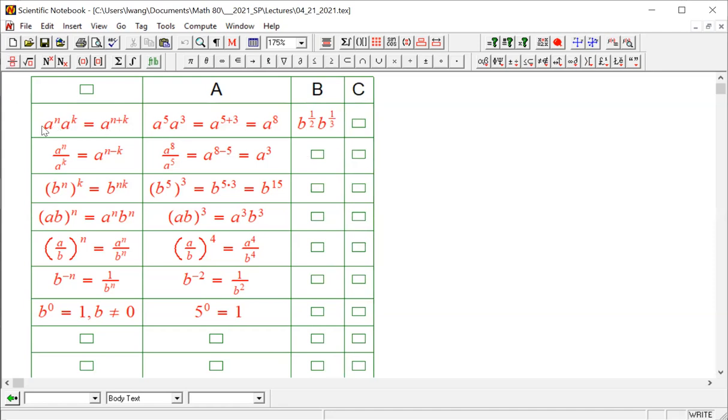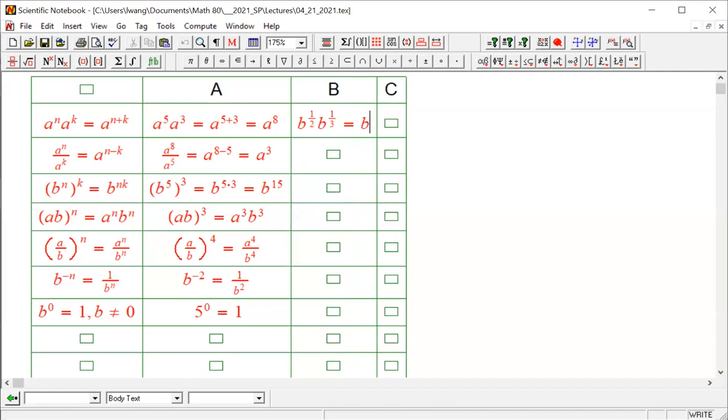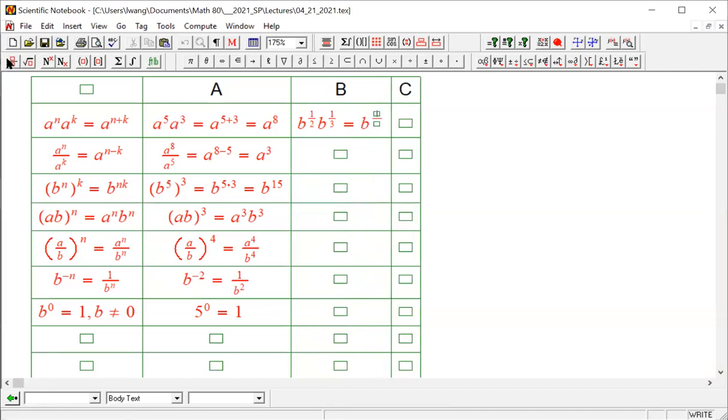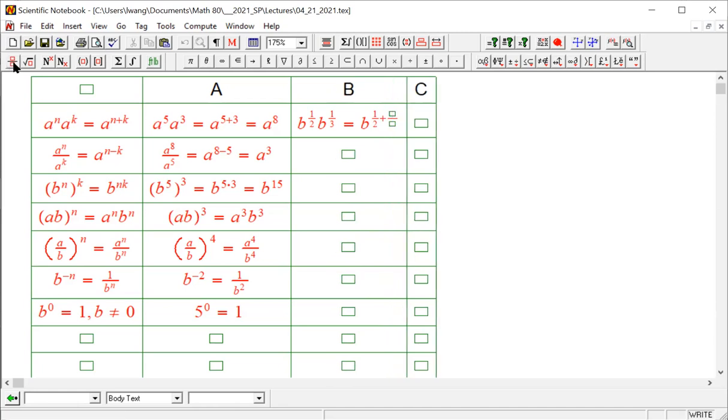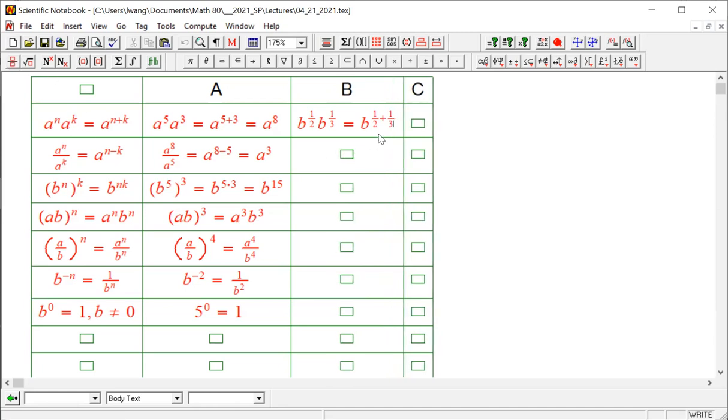You would use the same idea, the same formula. It's multiplication, right? So just like what we do with a to the power 5 multiplied by a to the power 3, over here we're going to be adding half and a third.